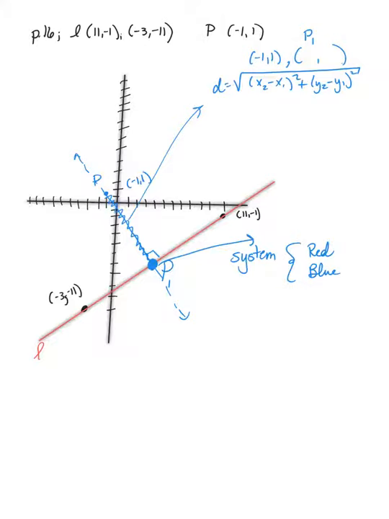All right, now with my red line, let's find the red line first. I need to know the slope and I need to know the y-intercept so that I can use y equals mx plus b. So if I want to, I could count off that slope, rise and run.